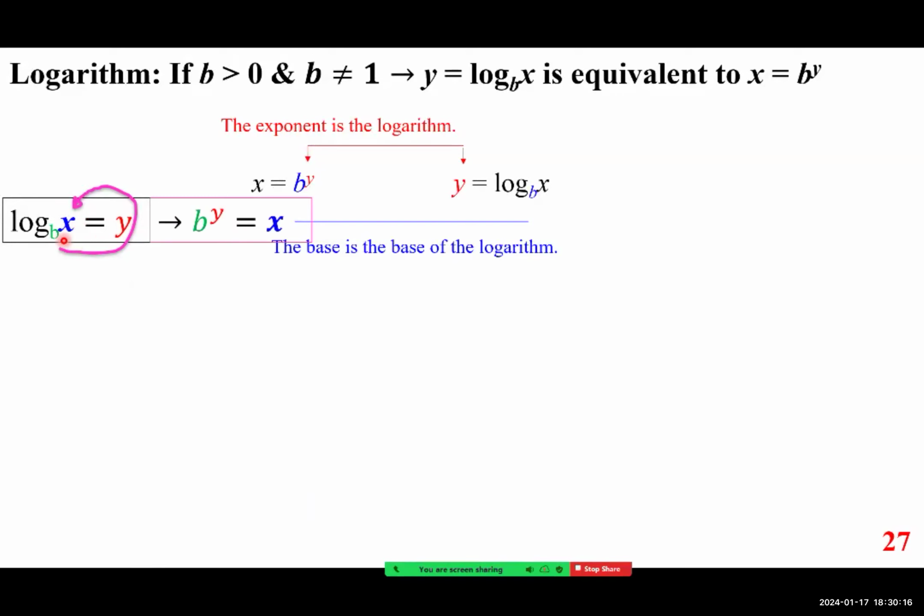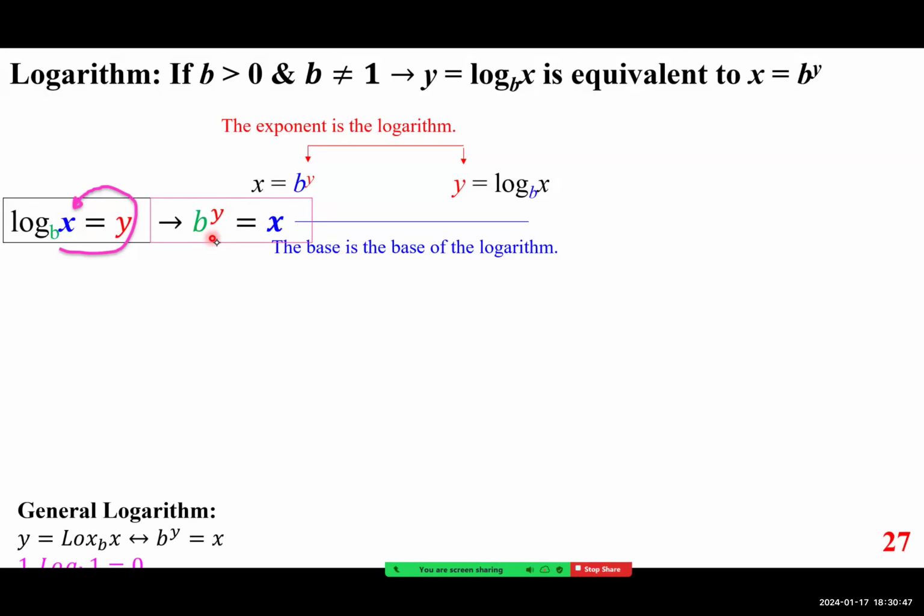If we can make this transition from here to here, we never have any problem. Back and forth, of course. So the base b must be positive, larger than 0. Cannot be 1 either, since 1 to any power is 1. So y equals log x base b is equivalent to x equals b to the power y. So pay attention to this and the arrow, it will make perfect sense.